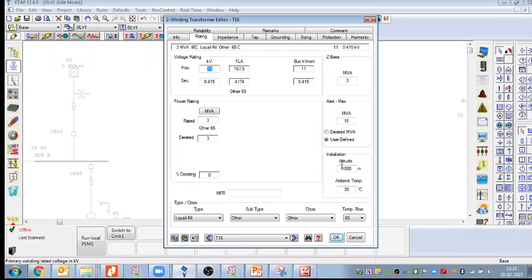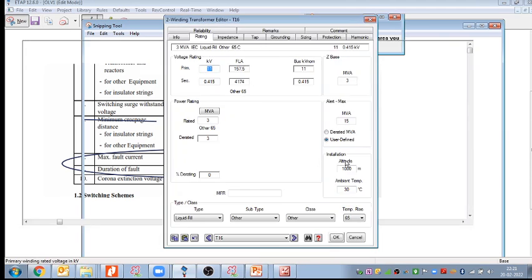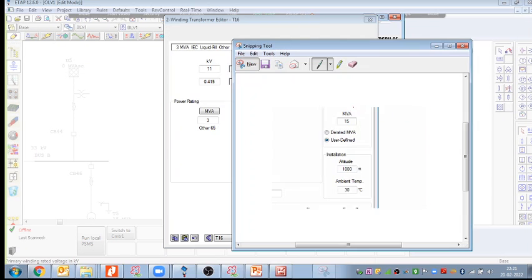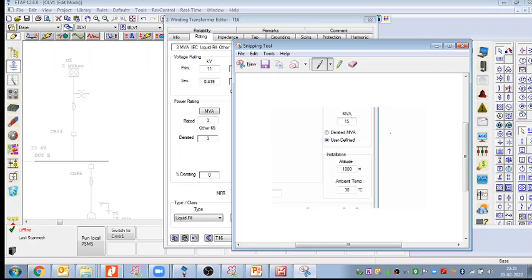If you take the Everest height, what is the reference of Everest height? That is the sea level. Sea level is the reference, and that is why when we say installation height, we always say that it is the MSL, mean sea level height.